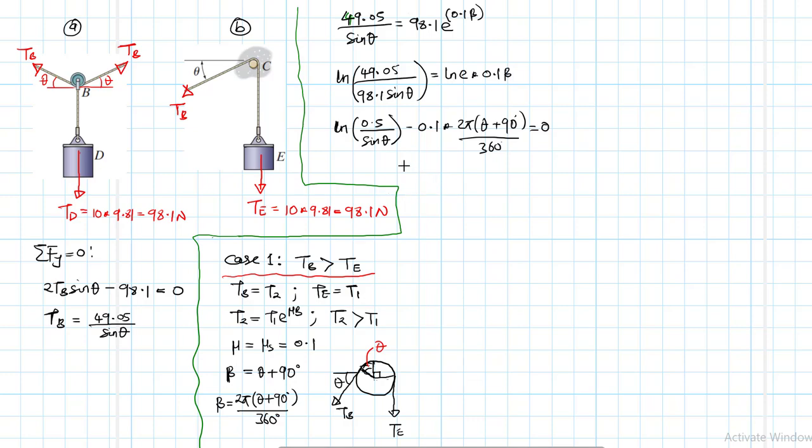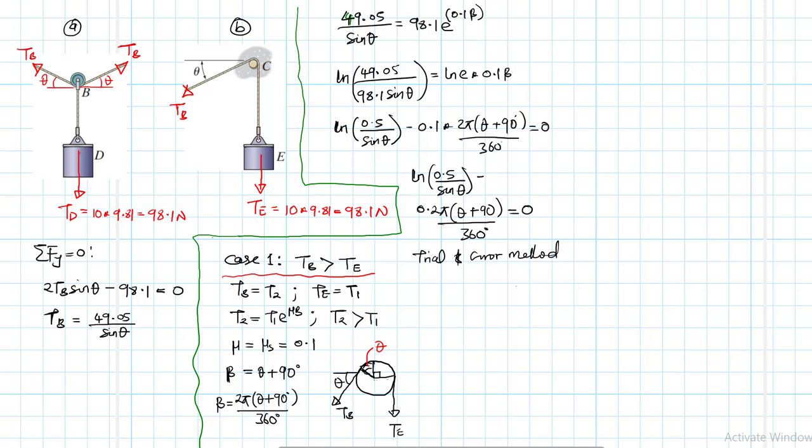Okay. So with that, we therefore have something like this if we are to further simplify it. So minus 0.2 pi theta plus 90 divided by 360 equal to 0. Okay, so once we've reached this stage, we're now going to use what is called the trial and error method.